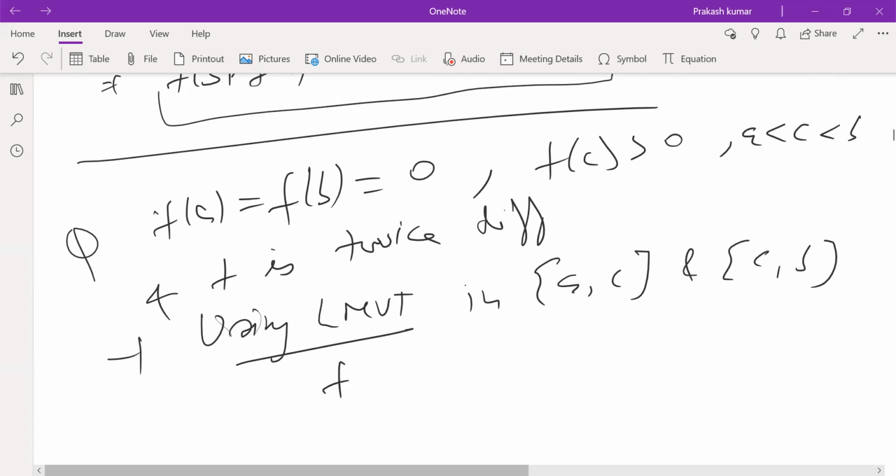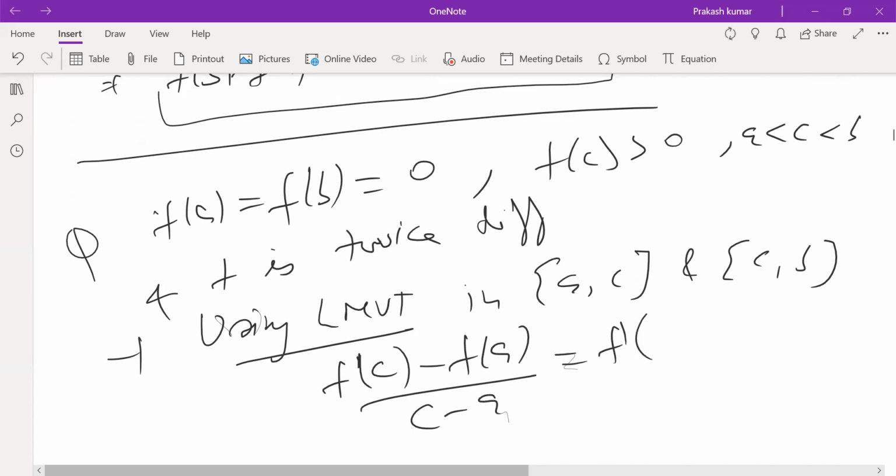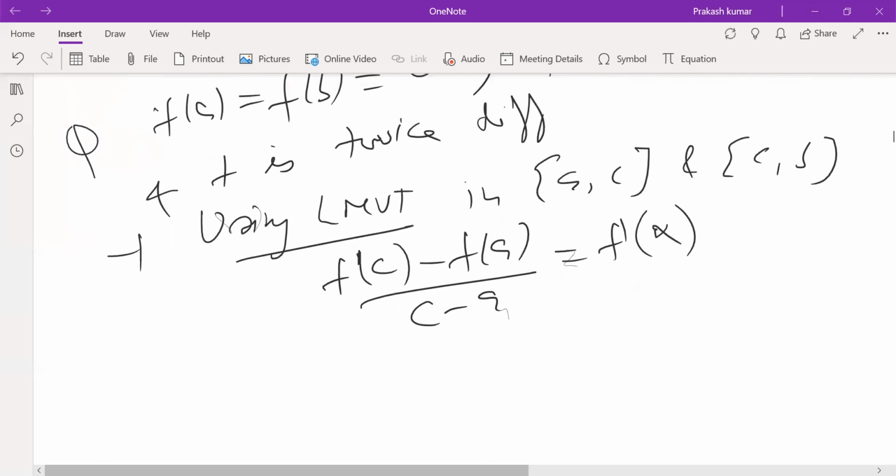From this, (f(c) minus f(a)) upon (c minus a) is equal to some f'(alpha), some alpha, and now we know that f(a) is 0.